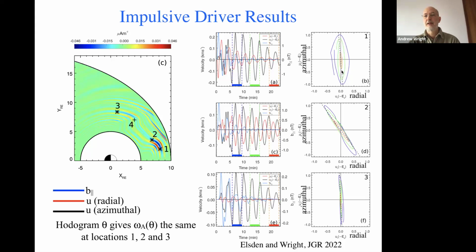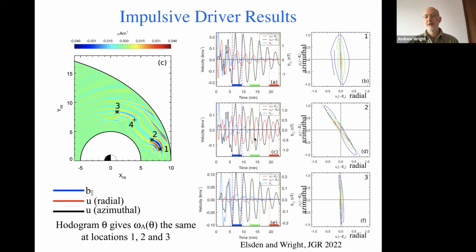The orientation of the ellipse, given that this is a broadband push, we're not really driving a monochromatic wave in any sense, but we've got a very well-defined orientation to the ellipse. If we go to position 2, this is when we're on the plume boundary, so we're going to expect a different orientation. You can see similar features here.